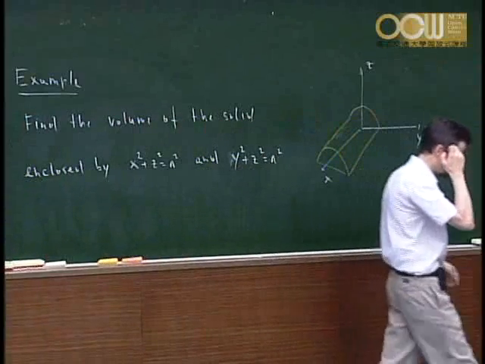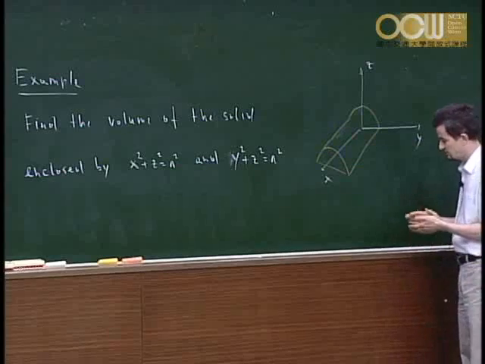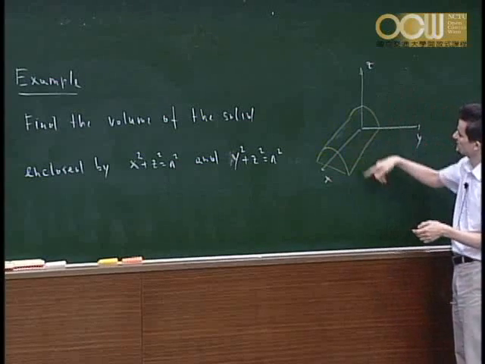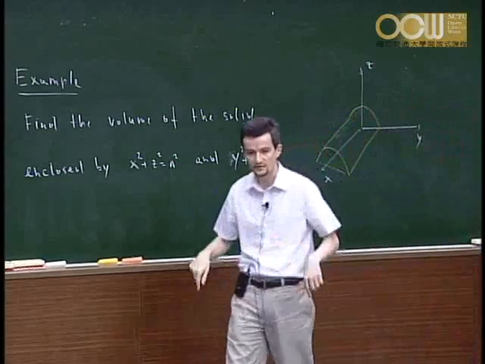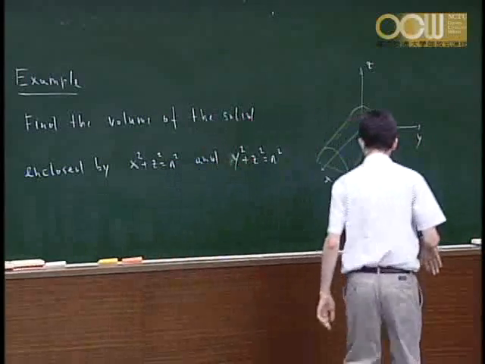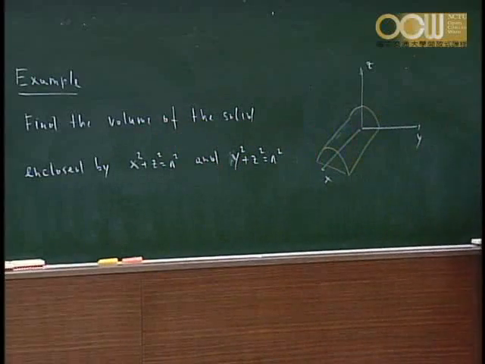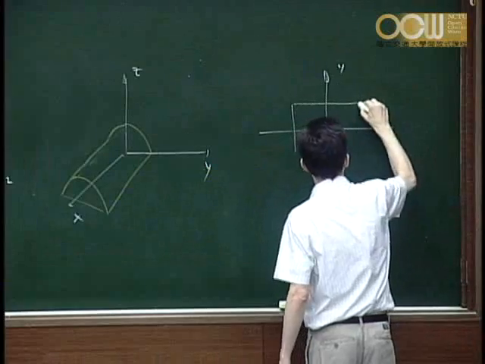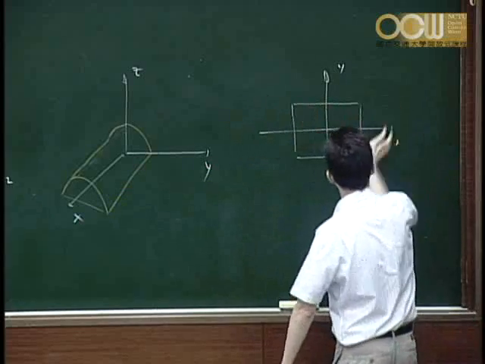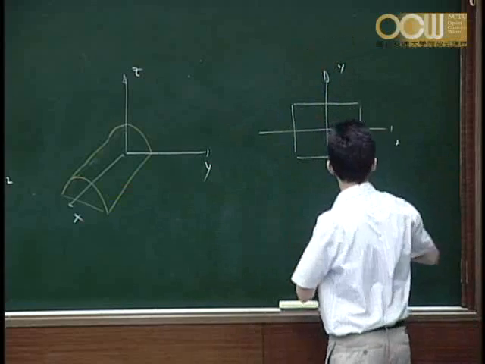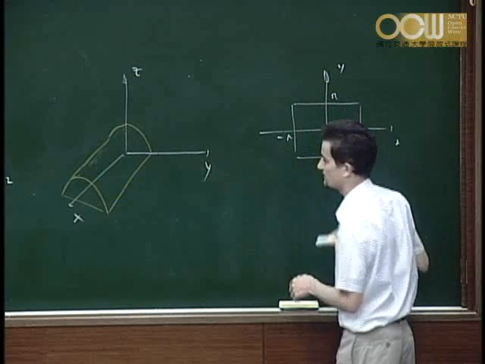Now, here you have to realize something. It would not be good to look at the situation like this. Because if you look at the situation like this, the projection onto the xy plane is just a square. Here you have r, here you have minus r, here you have r as well, here you have minus r.